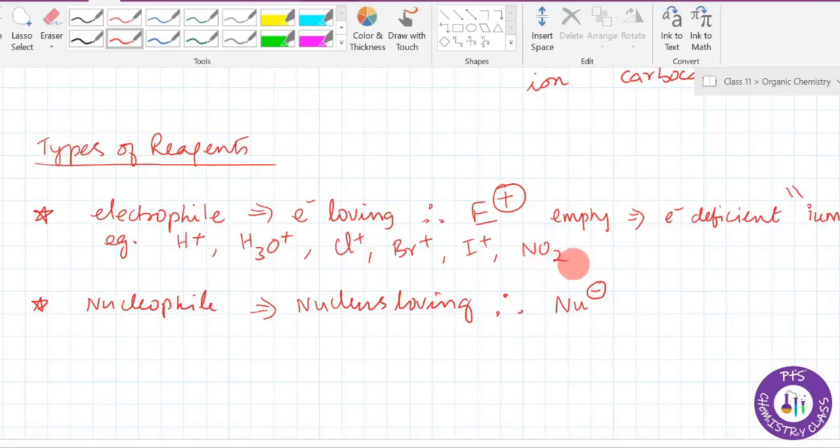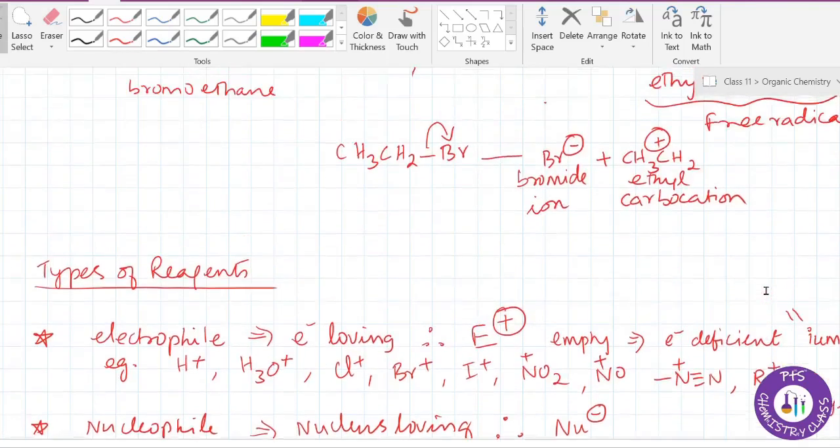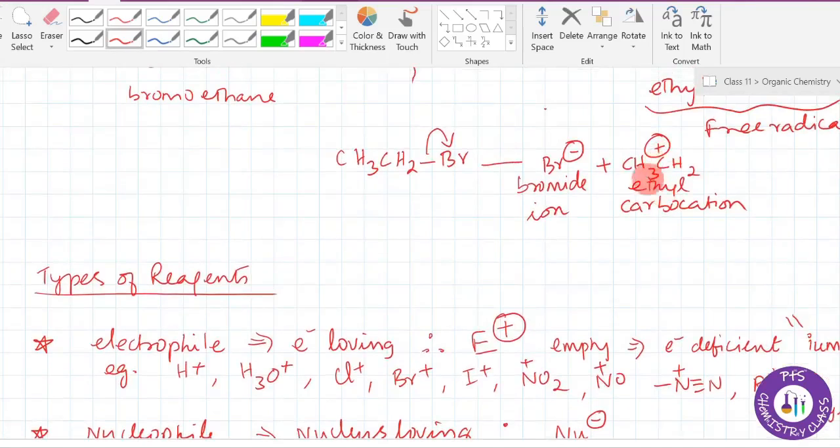Similarly NO2 plus, NO plus, N2 plus, and then you have the carbocation R plus. So all these species are called electrophiles because they lack electrons. R represents an alkyl group: methyl, ethyl, propyl, as we have seen in the previous reaction, where we saw the ethyl carbocation.